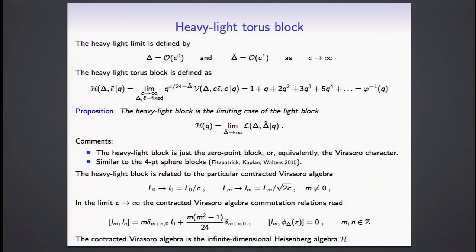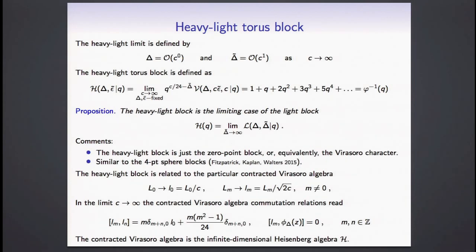It's also not independent, and we can show that the heavy light block is just a limiting case of the light block. So considering the light block and sending the internal dimension to infinity, we reproduce this heavy light block.